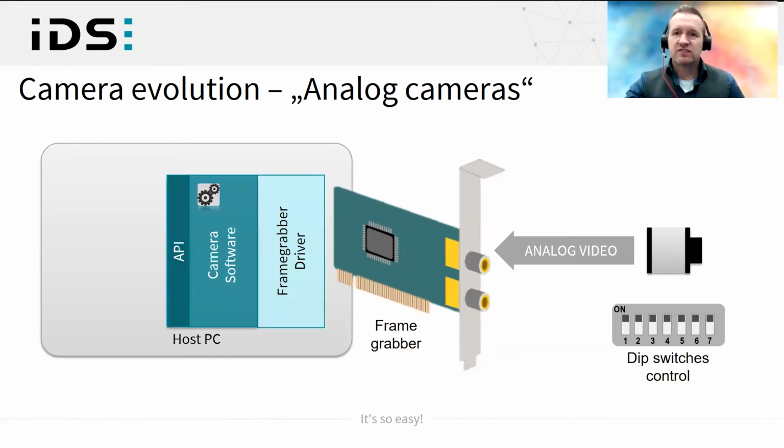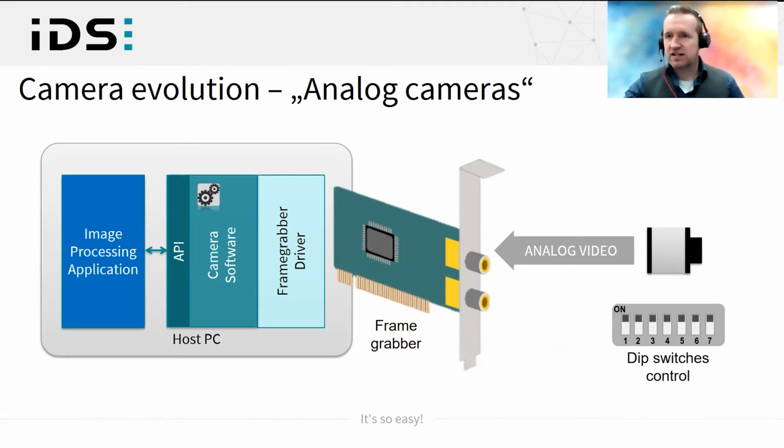We have a software development kit with a programming API. And last but not least, the individual custom application where the data was processed. The position of the cogwheels shows that most of the video signal pre-processing and handling is done in the PC software.